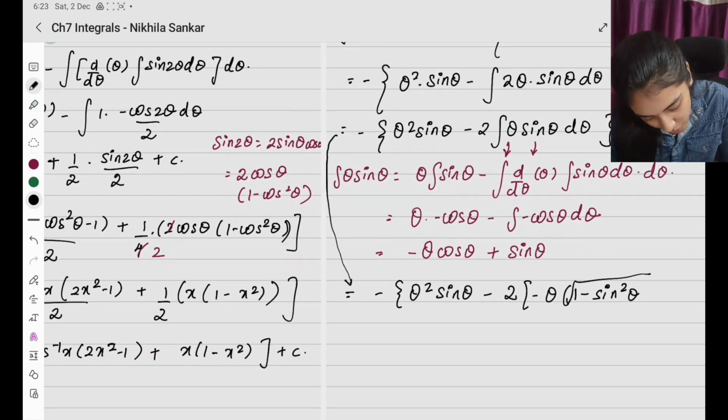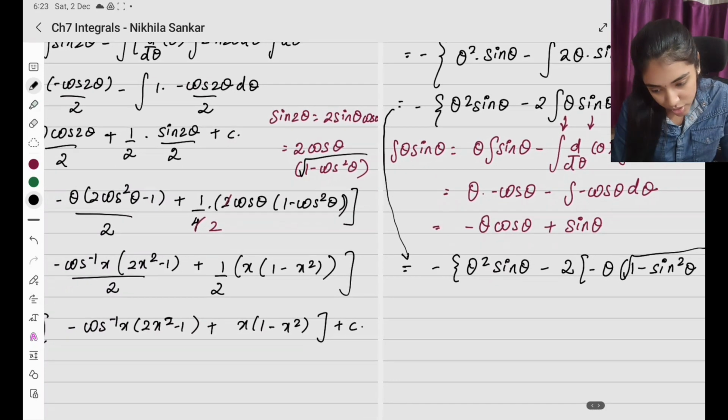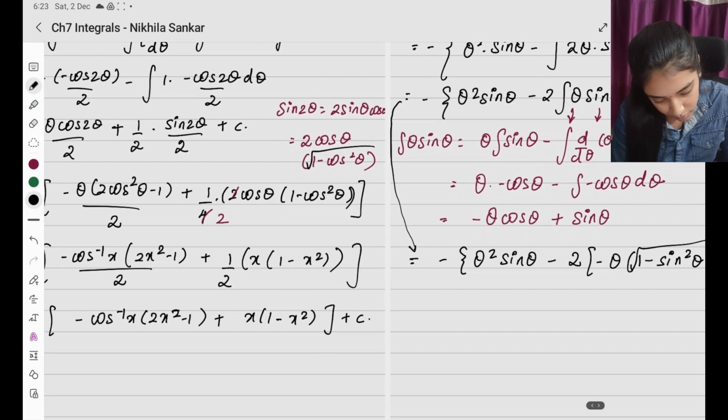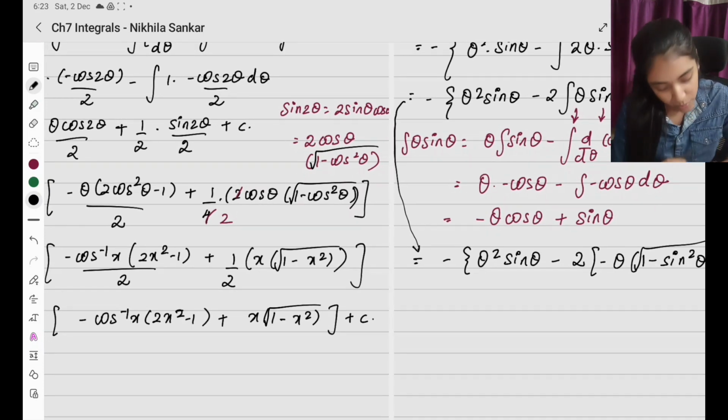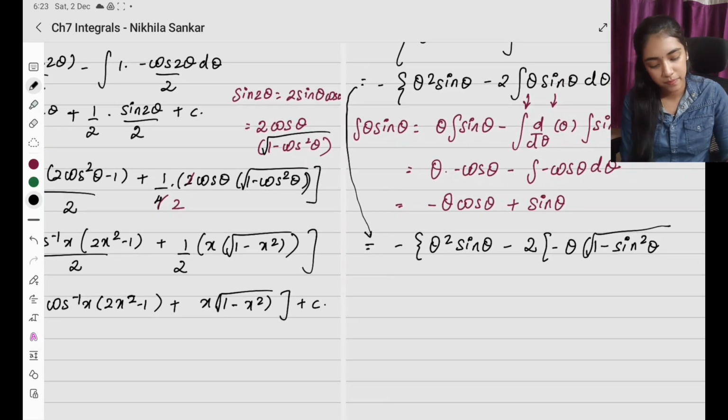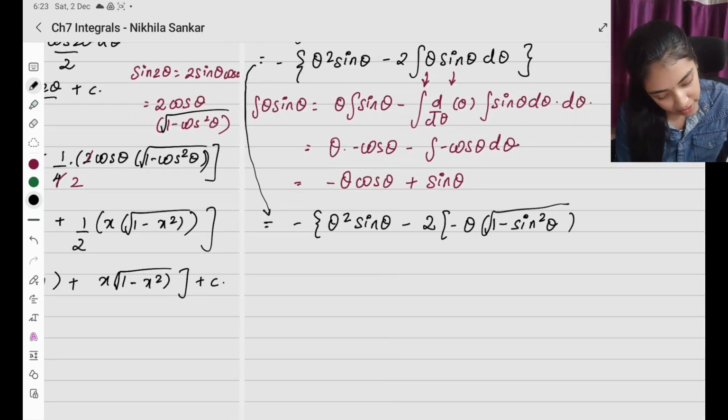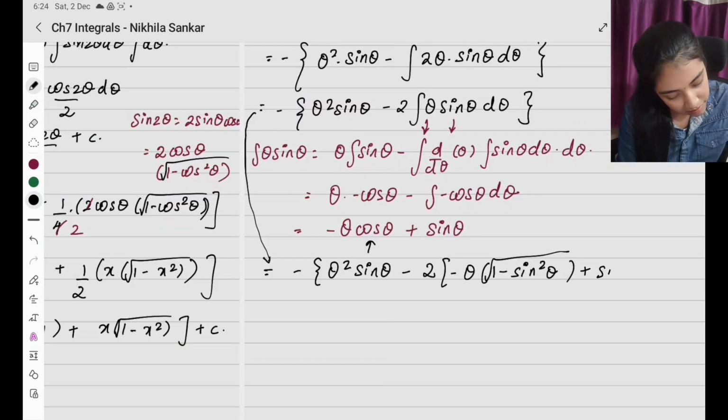Also here it's 1 minus cos square theta inside the root, remember. So in the earlier one it was inside the square root, and here also inside the square root. Okay, please remember that. So 1 minus sin square theta plus sin theta. Directly, sin theta plus c. Okay, and close the bracket.